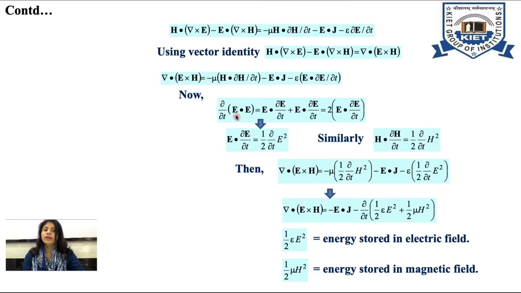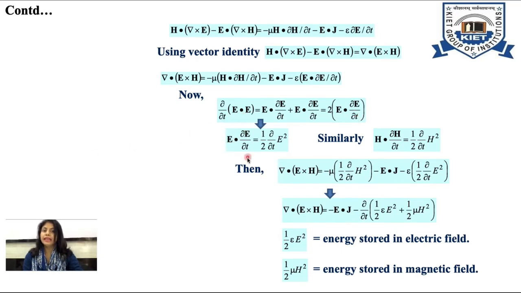Now del by del t of E dot E, dot product of two vectors: first E dot del E over del t, plus del E over del t dot E. Del by del t of E dot E is equal to E dot del E over del t plus E dot del E over del t, which means it is equal to twice E dot del E over del t. E dot E becomes E square.